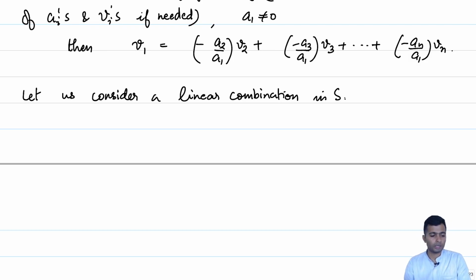We will show that the span of S minus v1 is equal to the span of S. To do that, we should take some arbitrary linear combination in S and show that it is in the linear combination of S minus v1. So let us take some arbitrary linear combination in S, which will be an element in the span of S, right?